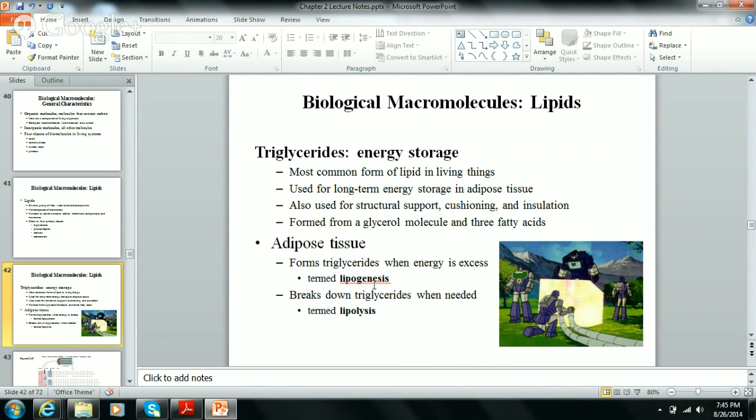Triglycerides are units of stored fat, stored lipids that your body can pull out when necessary to actually use. It's used as long-term storage, and the good news is it's really good in energy. As a matter of fact, 1 molecule of triglyceride is worth 2 molecules of sugar.